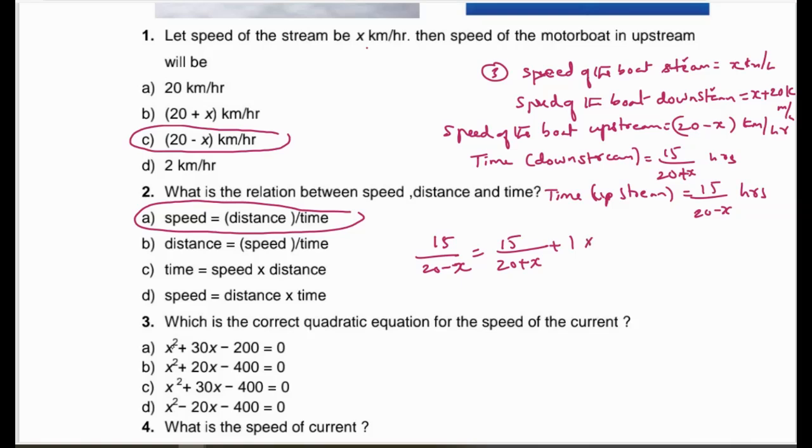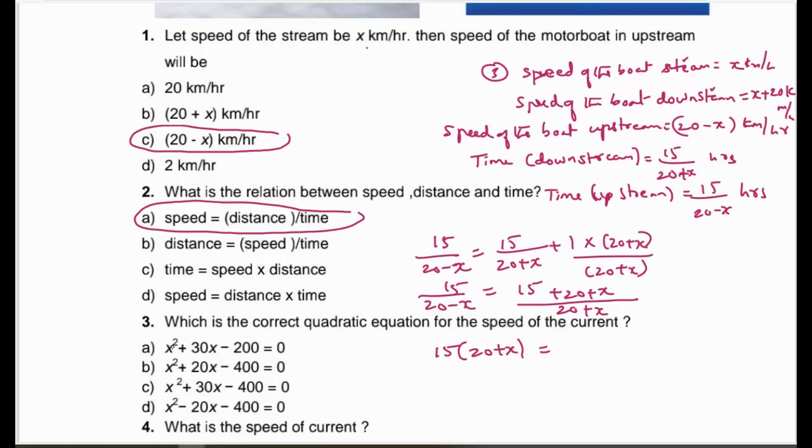Taking the same LCM, we get 20 minus x into 15 equals 15 plus 20 plus x divided by 20 plus x. So cross multiplication, 15 into 20 plus x equals x plus 35 into 20 minus x.